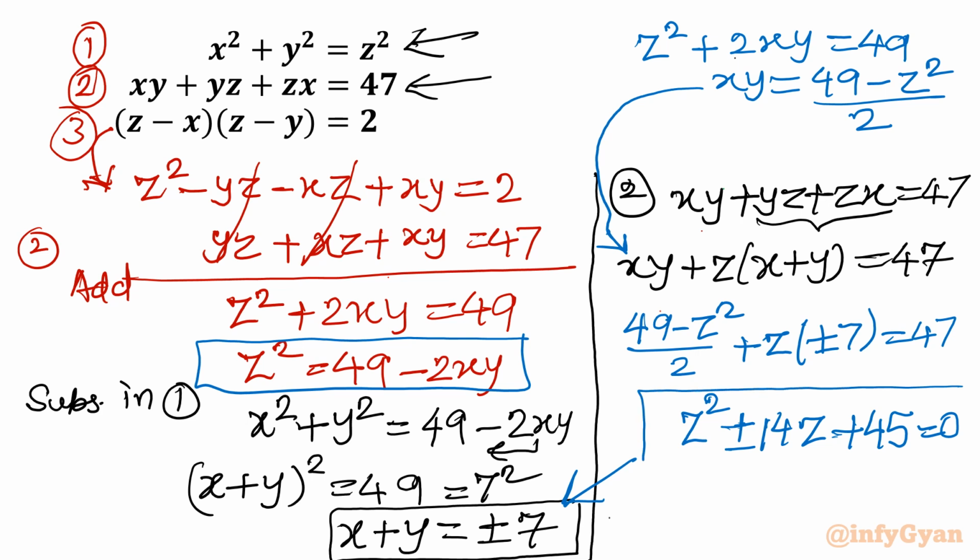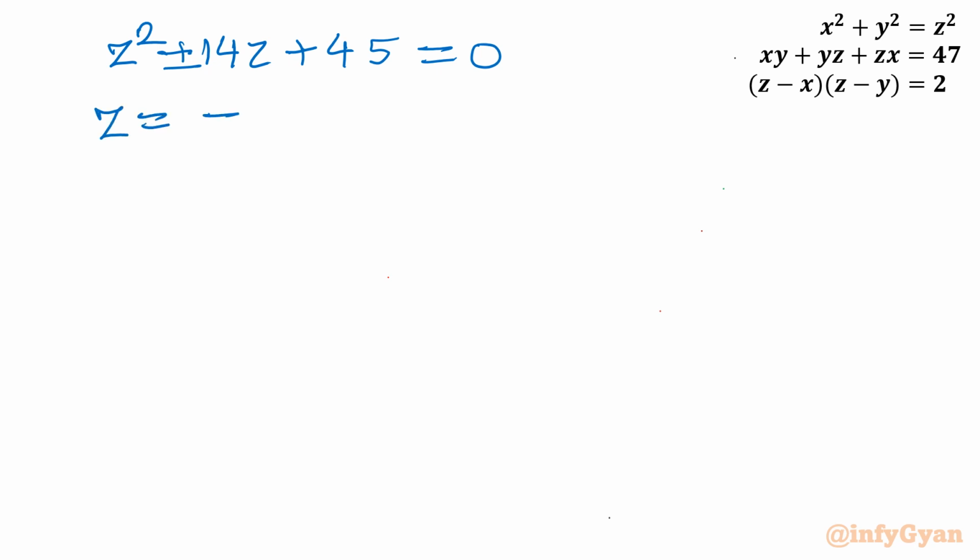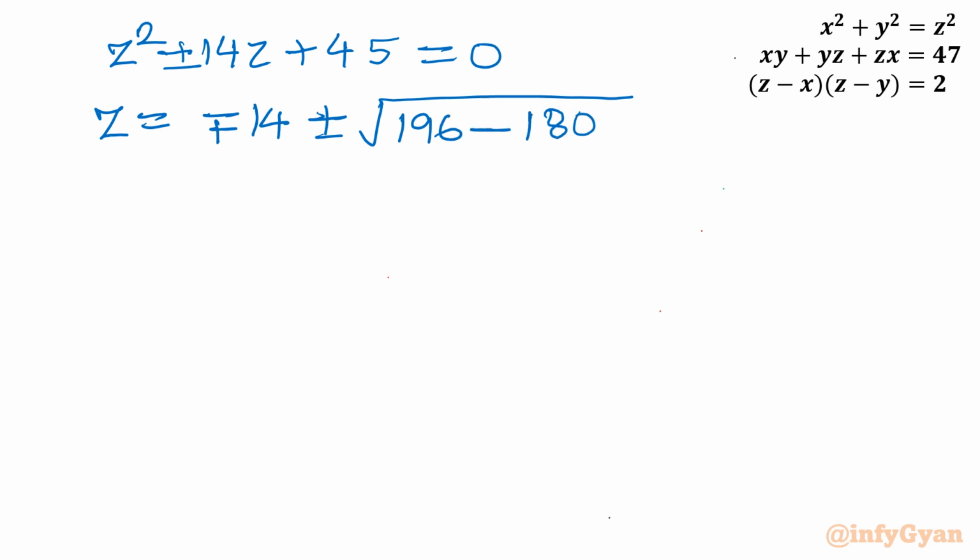Now one quadratic equation is known. I will calculate the z value first. So let's solve this. I will write our quadratic equation again: z² ± 14z + 45 = 0. Let's apply the Sridharacharya formula. z = (−b ± √(b² − 4ac))/2a. So b is 14, b² is 196, minus 4ac, so 180, divided by 2, a is 1.